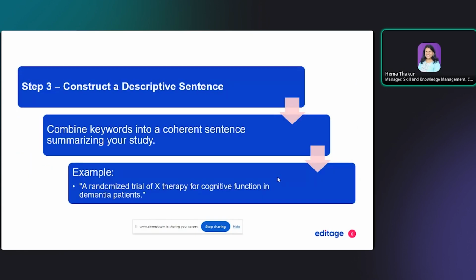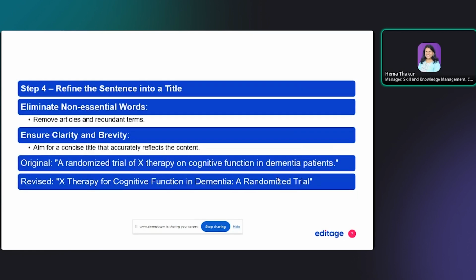So instead of saying a randomized trial of so and so, I've just said X therapy for cognitive function in dementia. I've not even said cognitive function improvement because obviously I'll assume that the therapy is for improvement, and I need to try to reduce the word count as much as possible in titles, reduce article usage also. So I've removed the before X therapy, right?